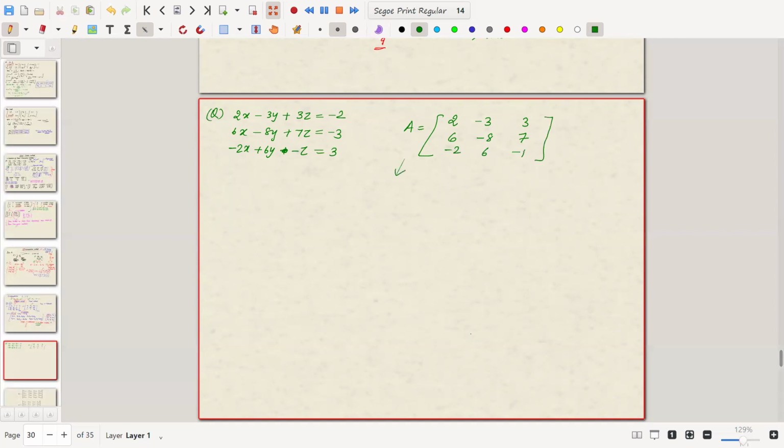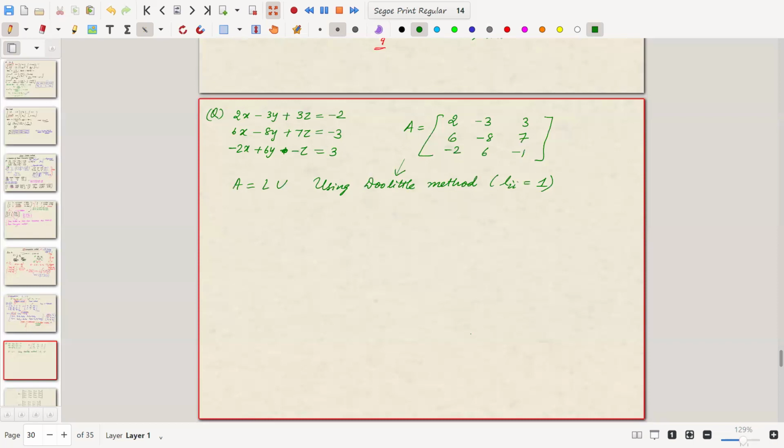Now I'm asking you to convert this A into LU decomposition using the Doolittle method. That means LII equals to 1, isn't it?